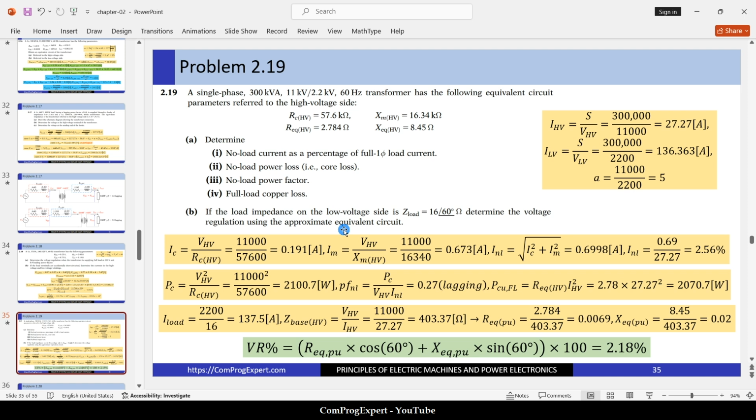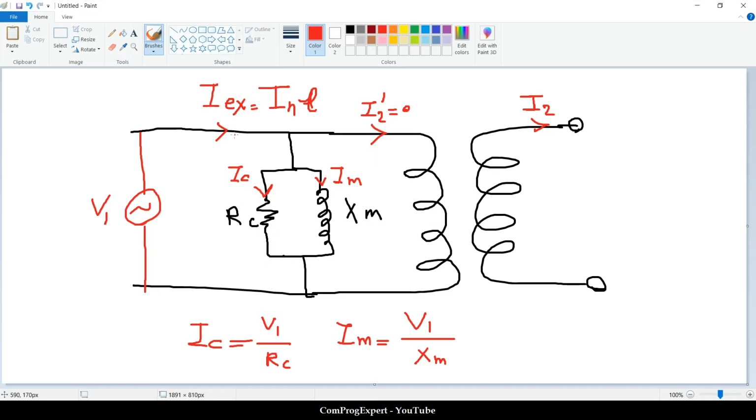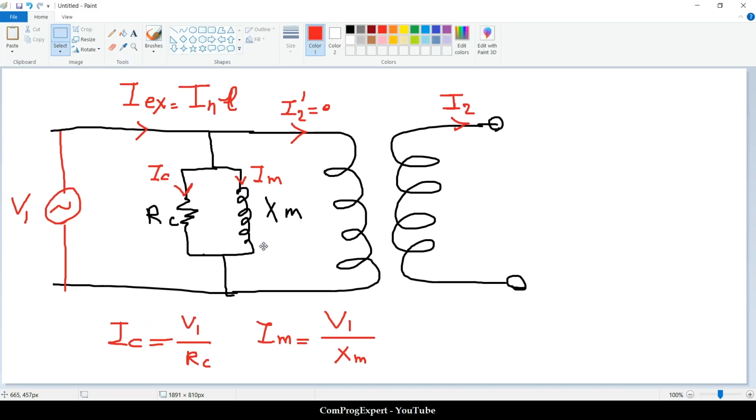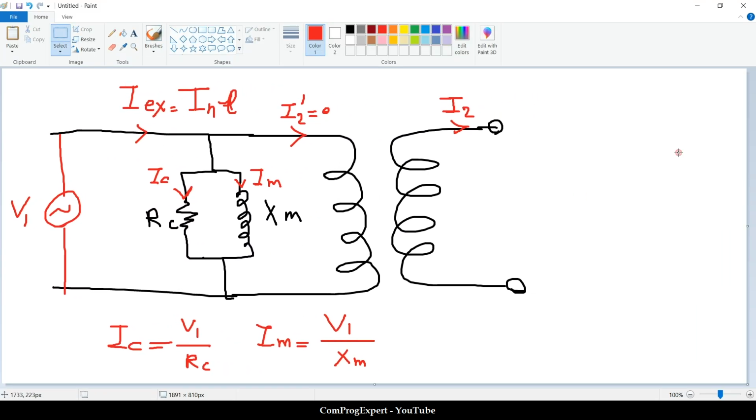How can we calculate the no load power factor? In this circuit, the apparent power for this magnetizing branch is equal to V1 times the no load current. Yes. And also we calculated the active power, that is the core loss.